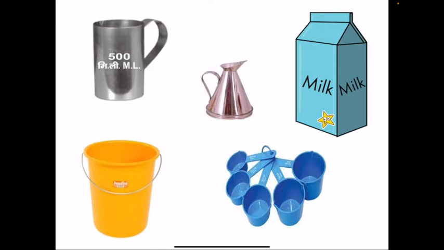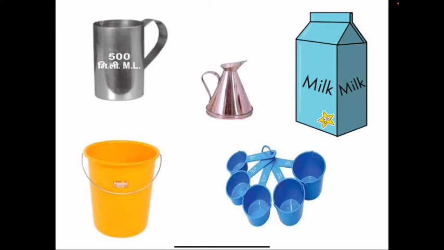Then this measuring jar type, which here 500 ml is written here. In the malls, you go there, pulses and all are kept and these containers are also kept. You fill the containers according to your requirement and put them in a polythene bag. Yes or no? So these things are used to measure capacity.